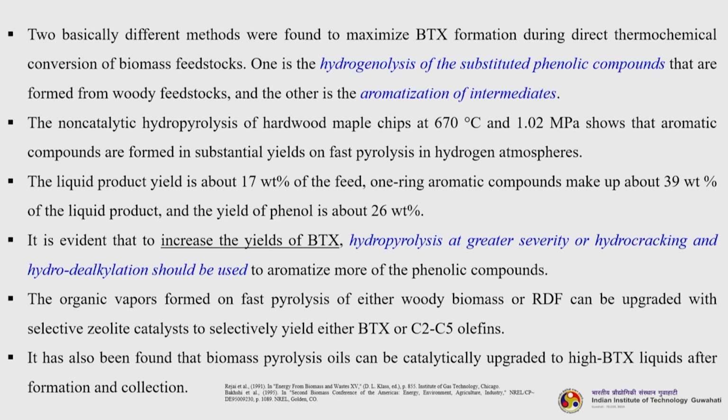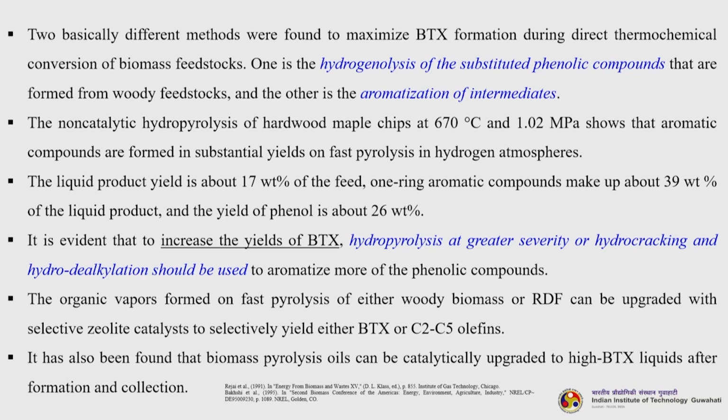The liquid product yield is about 17 weight% of the feed. Aromatic compounds make up about 39 weight% of the liquid product, and the yield of phenol is about 26 weight%. It is evident that to increase the yield of BTX, hydropyrolysis at greater severity or hydrocracking and hydrodealkylation should be used to aromatize more of the phenolic compounds. This is just to increase your BTX yield.